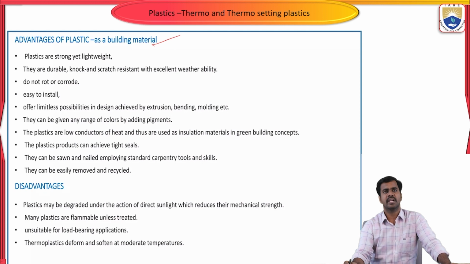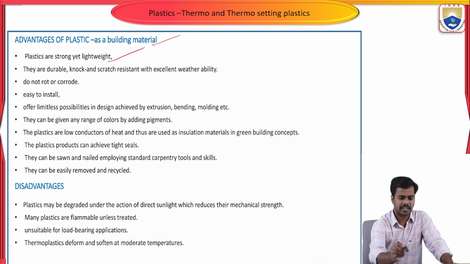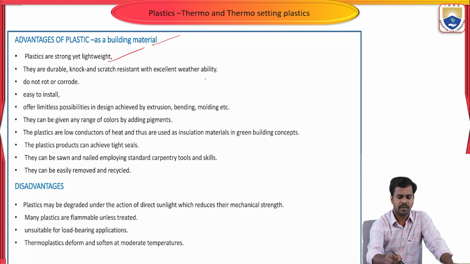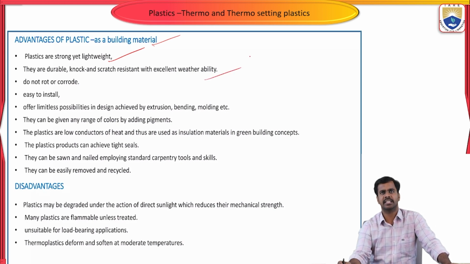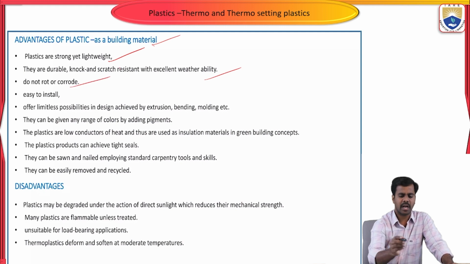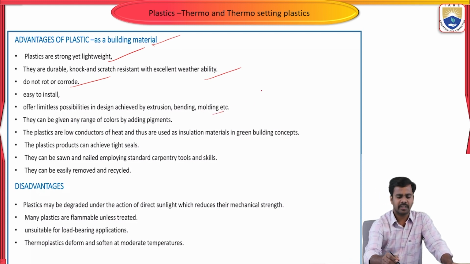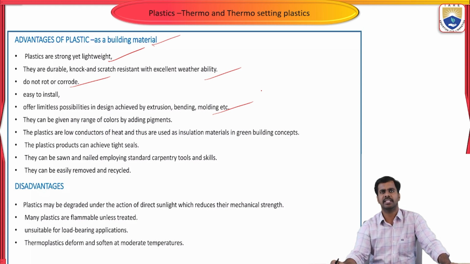Plastics are strong yet lightweight, they are durable, knock and scratch resistant with excellent weatherability, do not rot or corrode, and are very easy to install, offering limitless possibilities in design achieved by extrusion, bending and molding, etc.